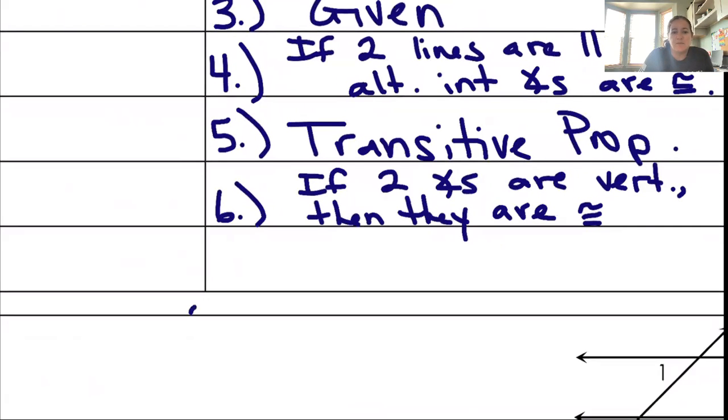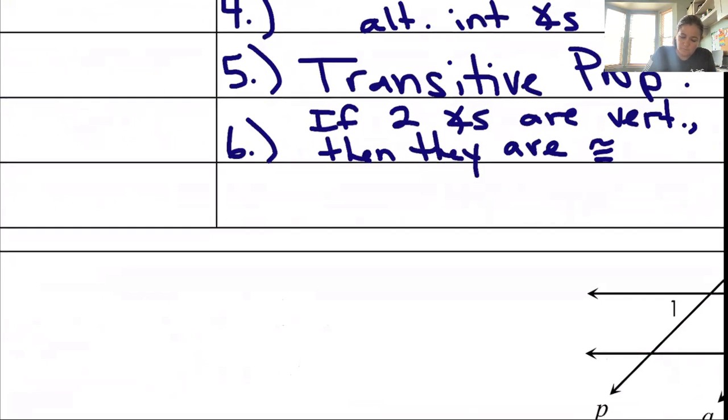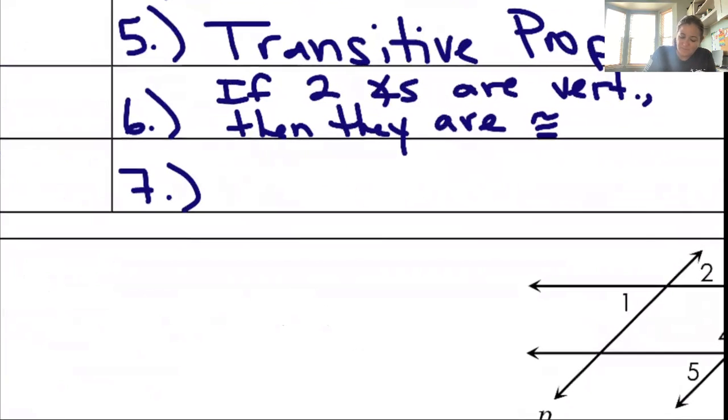And then that sets us up for the last step. 1 is congruent to 3, 3 is congruent to 4. Using your transitive property, you can say 1 is congruent to 4. It's not really given. Transitive property.